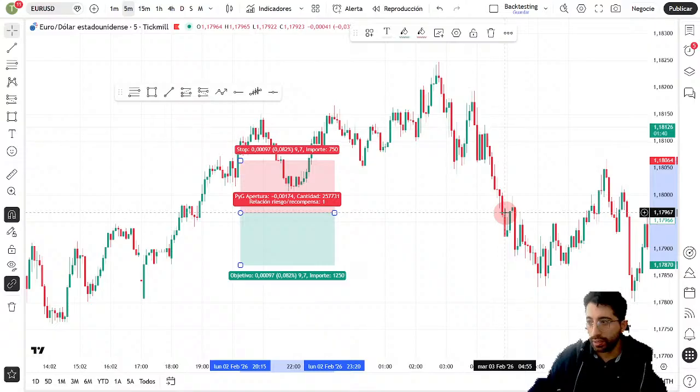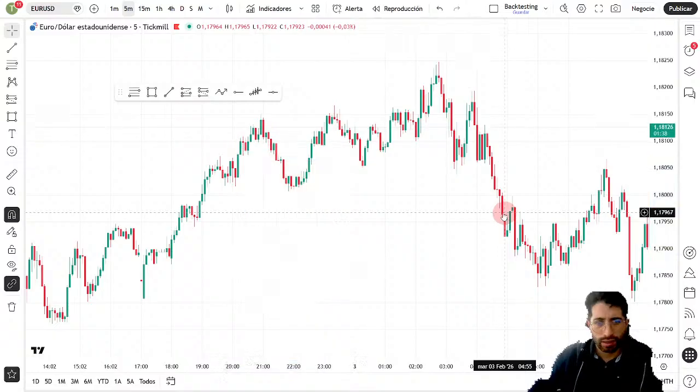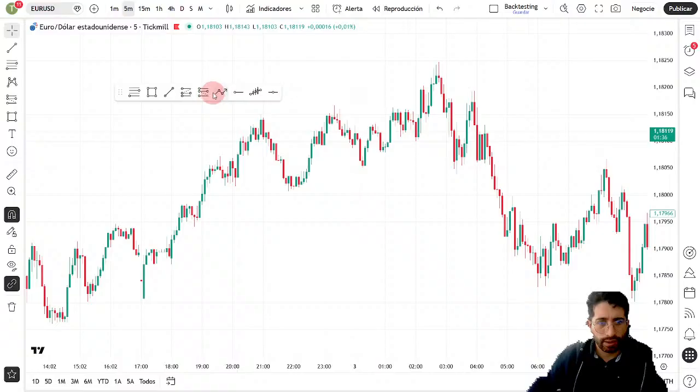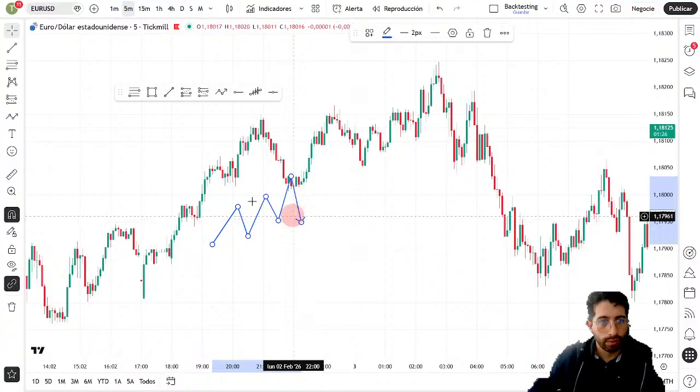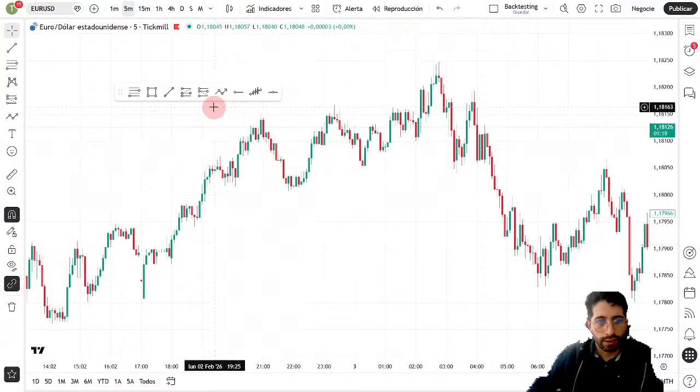And I have this one, which is also a trend line tool, but this is the continuous trend line, the one that you can grab and create a continuous pattern, just to make graphs.